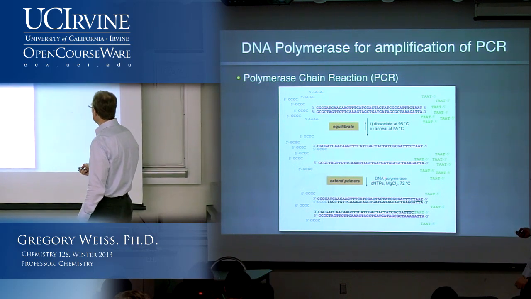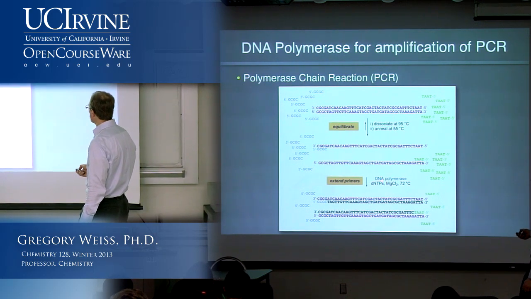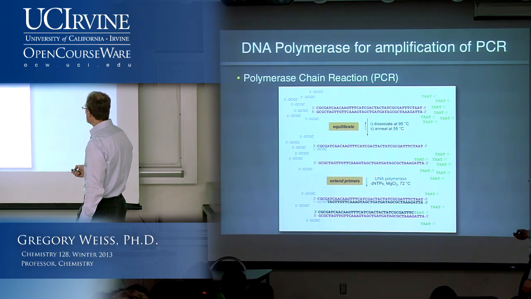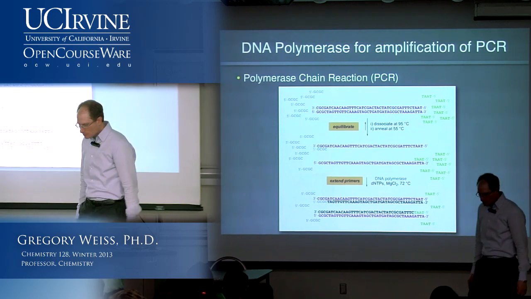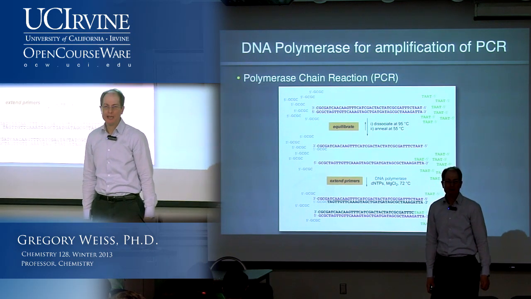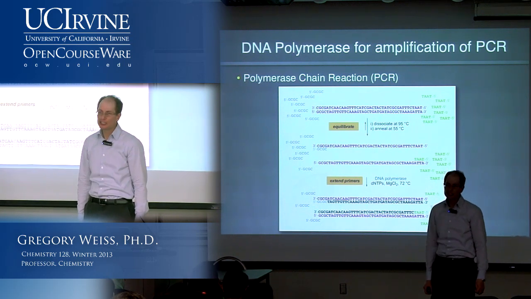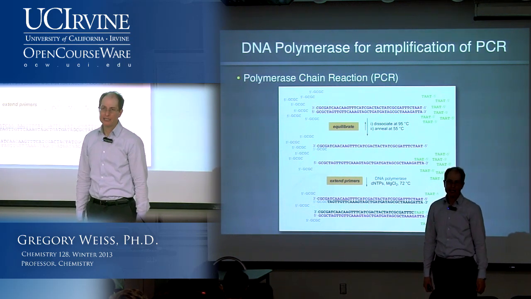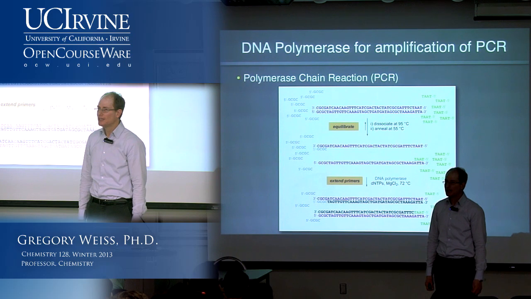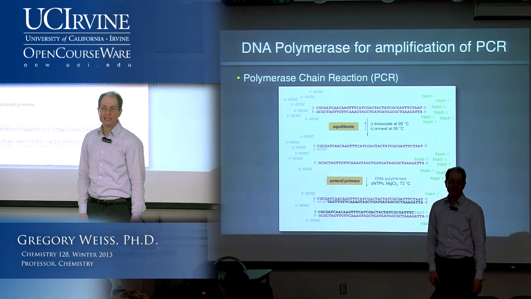And then that's done in the third step, when the primers are extended using, again, DNA polymerase, dNTPs, magnesium chloride, and a temperature of 72 degrees. To make this work, we use a special DNA polymerase that likes to run at 72 degrees. It's a type of polymerase called Taq, which is found in hot vents, hot springs.